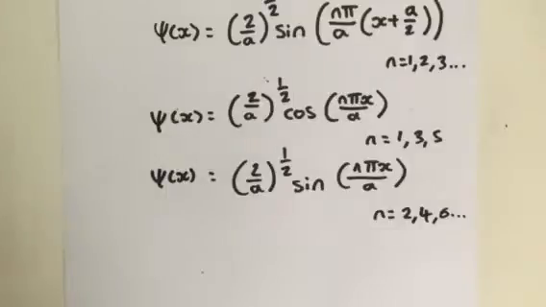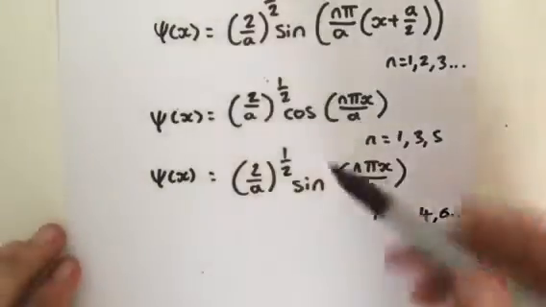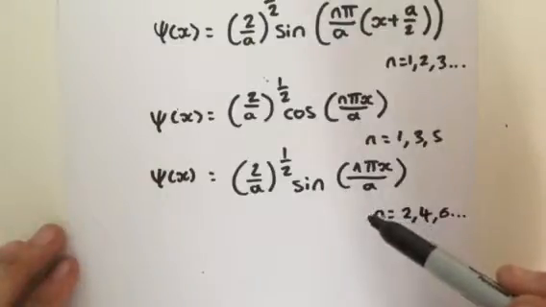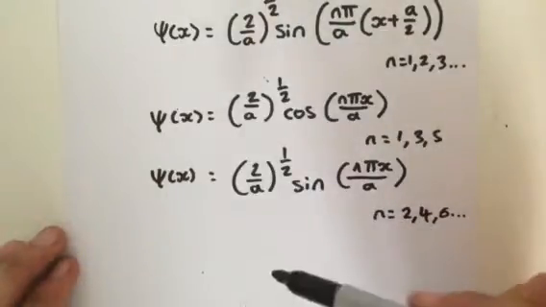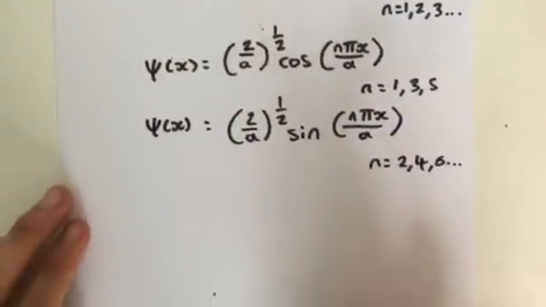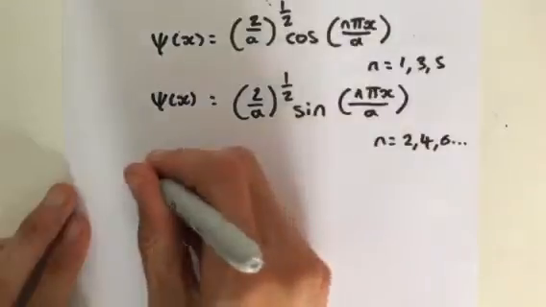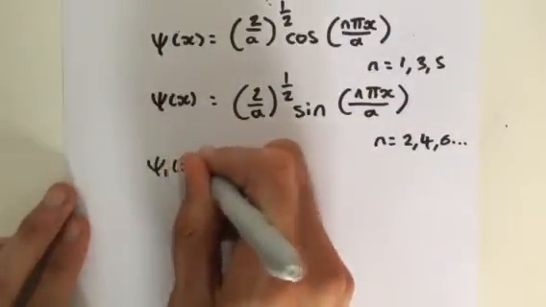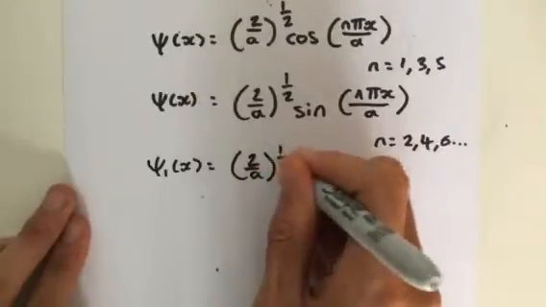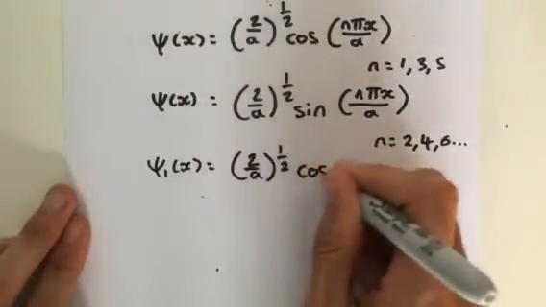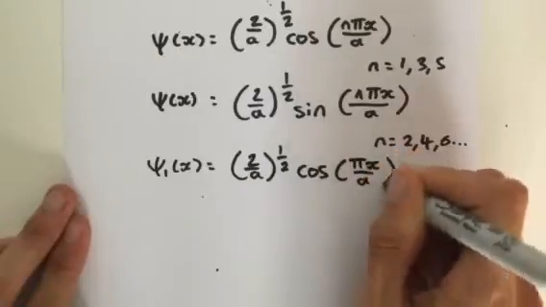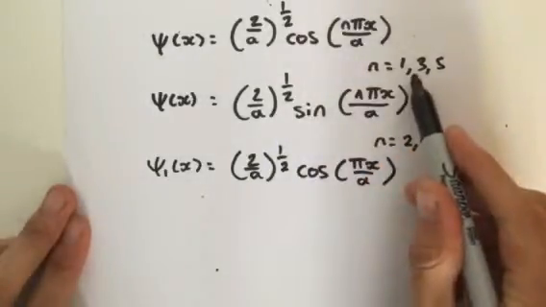As you can see, the result is a mix of sines and cosines. The bound states are these in increasing quantum order, so I'm going to write them out. We have psi 1 of x equals 2 over a to the power half, and cosine of pi x over a, because n is equal to 1.